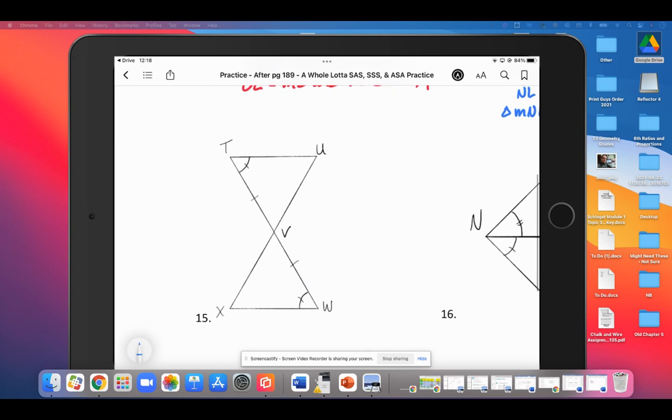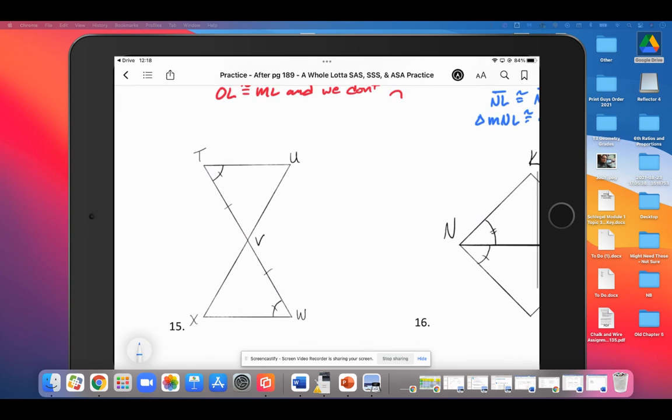Number 15, I can see that we know that angle UTV is congruent to angle XWV. And I can see that the side WV is congruent to the side TV.